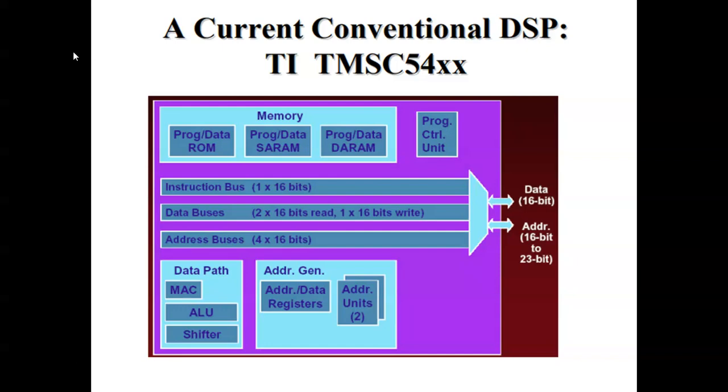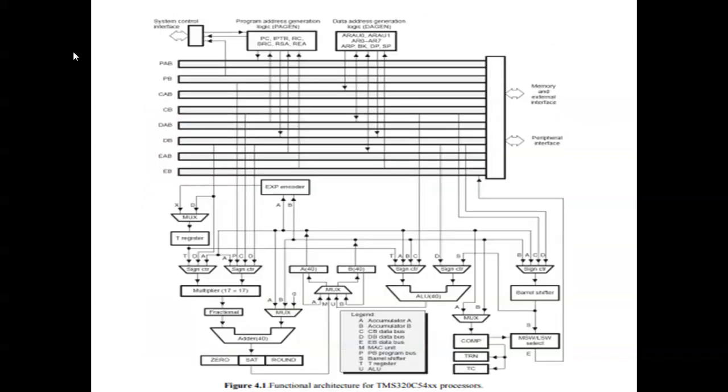So these are the block diagrams that come under the TMS320C54XX. This is a detailed block diagram, the fully functional block diagram. It is a big one, so you couldn't see it all.